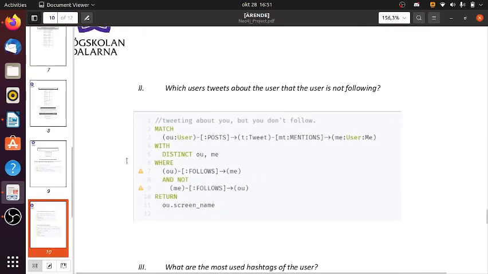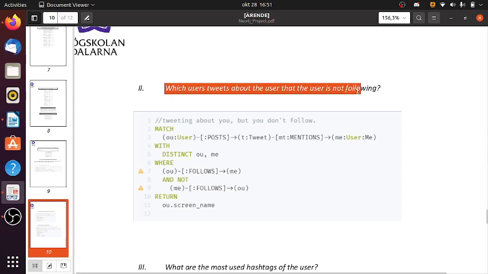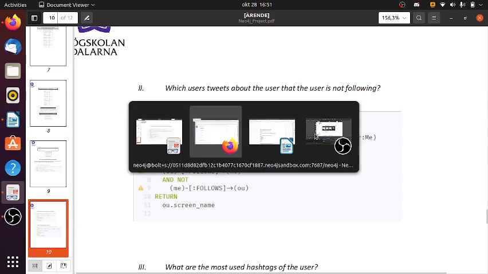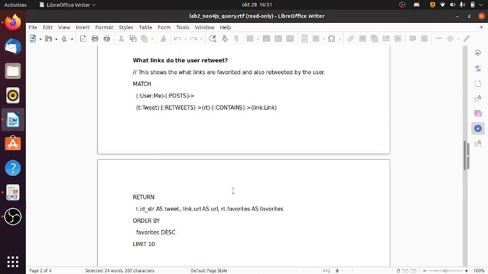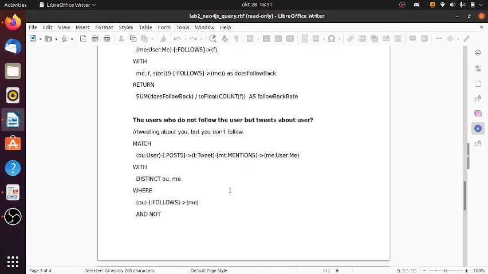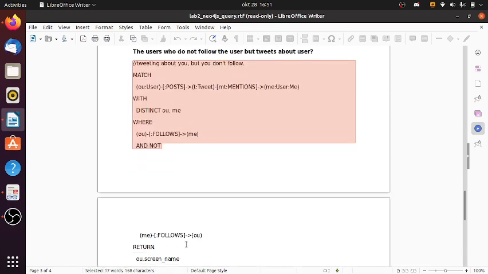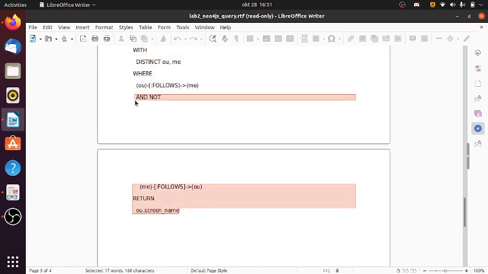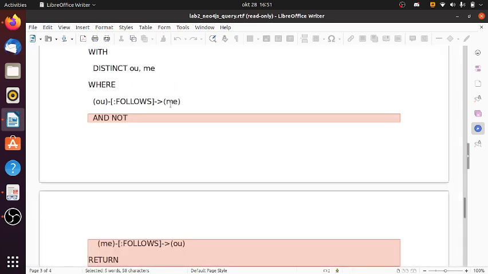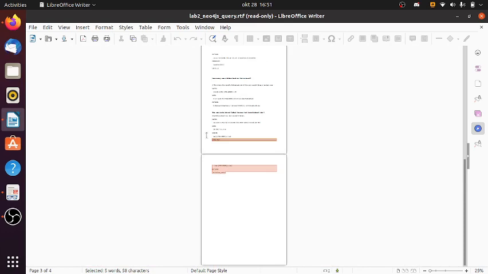To move to the next question, this shows which user tweets about the user that the user is not following. This is what we were talking about, and we can see that here. Then we copy the whole code, or you can copy the first part, it doesn't matter.